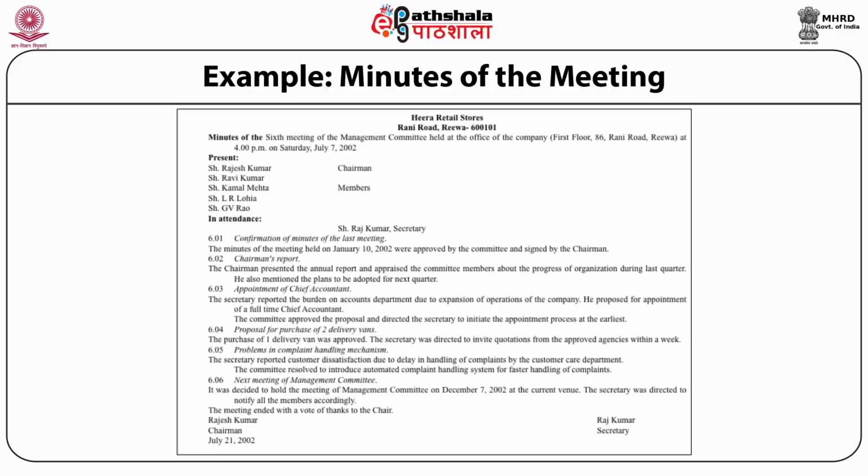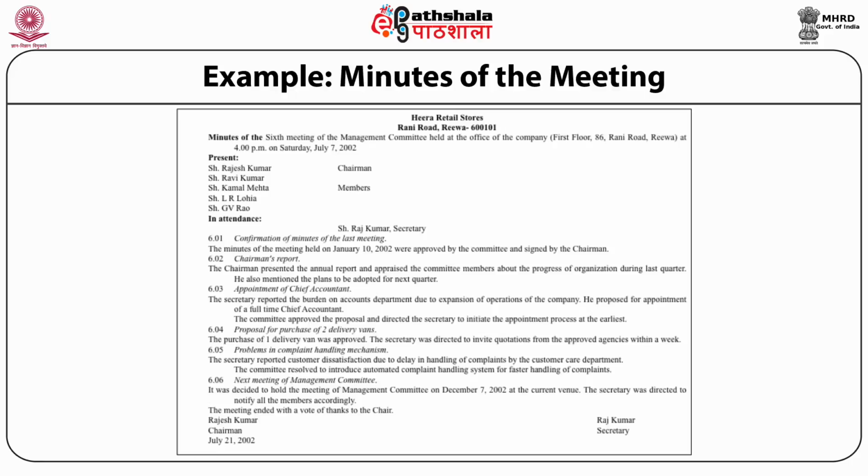Similarly, for agenda item 2, that is the chairman's report, details have to be given. The chairman presented the annual report and apprised the committee members about the progress of the organization during the last quarter. He also mentioned the plans to be adopted for the next quarter.